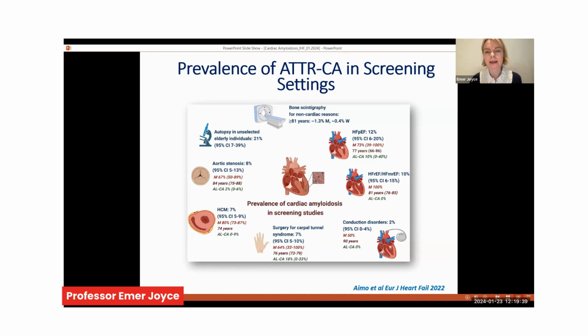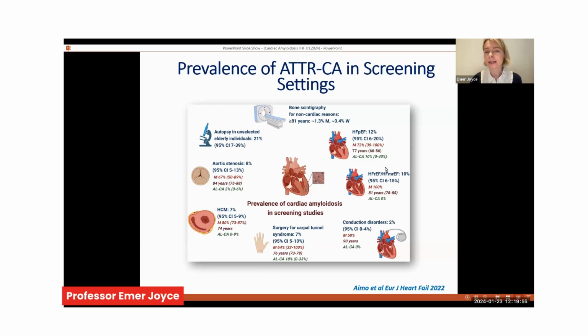It takes someone to think about it and say, well, hang on a second. Yes, they're in their 70s with atrial fibrillation, but they also have peripheral neuropathy. They also have quite a stiff heart. Could it be amyloid? So it takes a little bit of coming together, but that's improving.